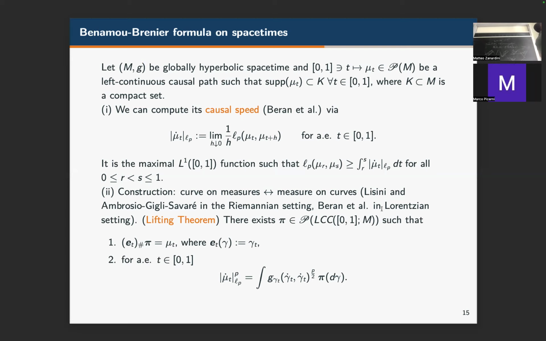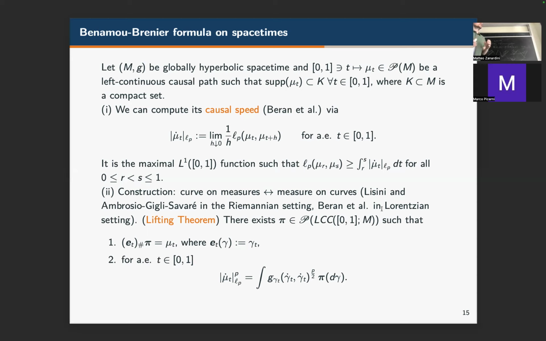You take the limit as h going to 0 of l_p from mu_t to mu_{t+h}, divided by h. This is well defined for almost every time, and it is the so-called causal speed. Okay.